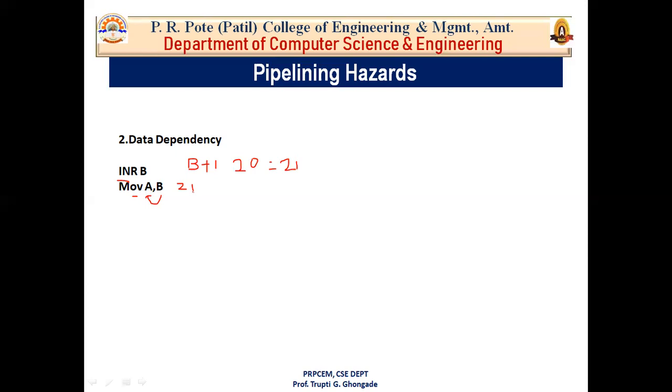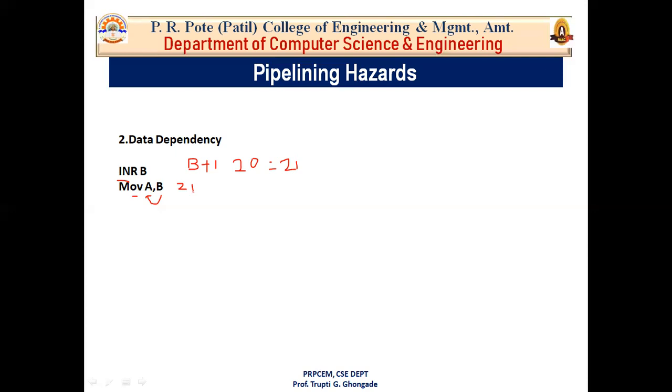And if that happens, the first instruction must be fully completed. That means the execution of the first instruction must be finished before starting the second instruction, otherwise the second instruction will get stale data. Stale data means the old value of data, not the current value.